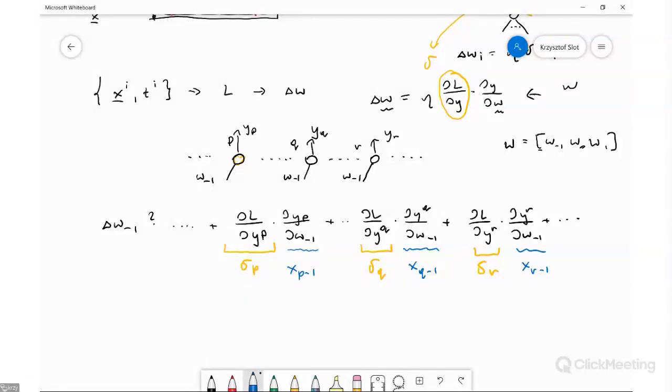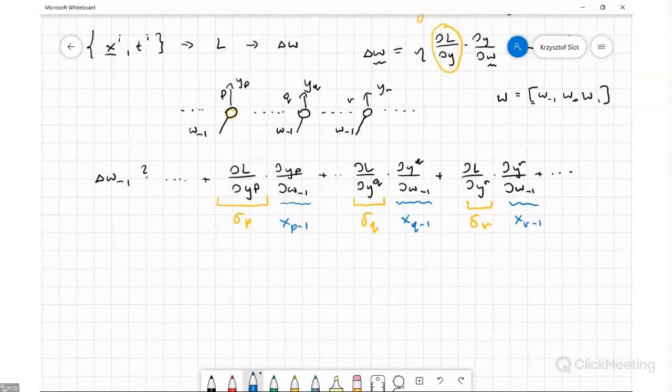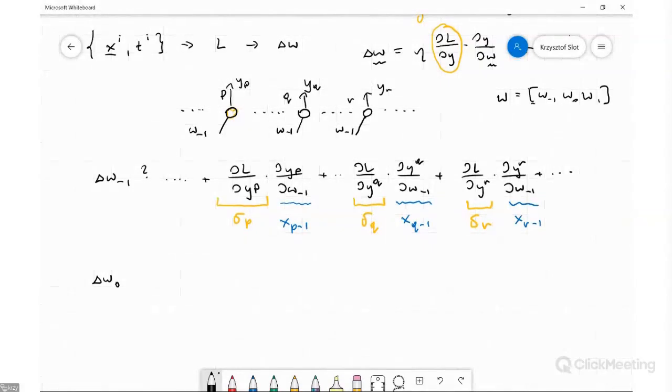So if I would be interested in computing a derivative, an update of the weight 0, this is the central one, I will have an expression that looks like this.